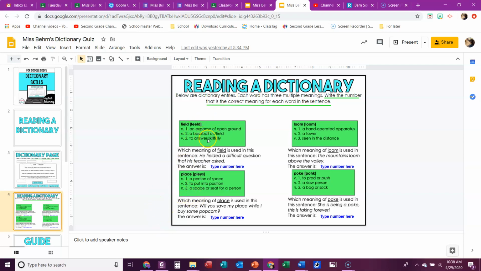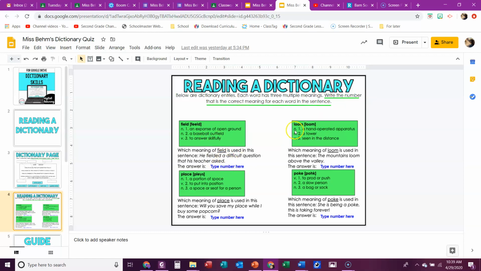These 3 are all different meanings of the word field. You have to think about which one of these would make sense. Would it make sense to talk about a field that you go run around in? He fielded a difficult question that his teacher asked. Does that make sense? Would it make sense about a baseball outfield? Or would it make sense to answer skillfully? Which one of those would make sense?